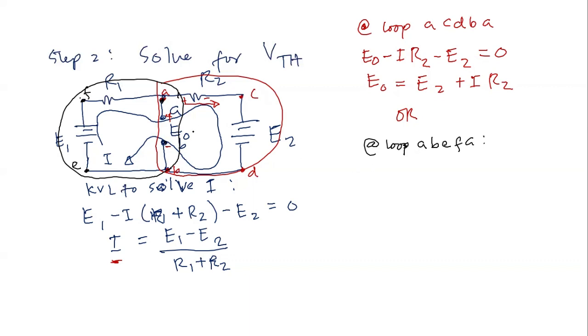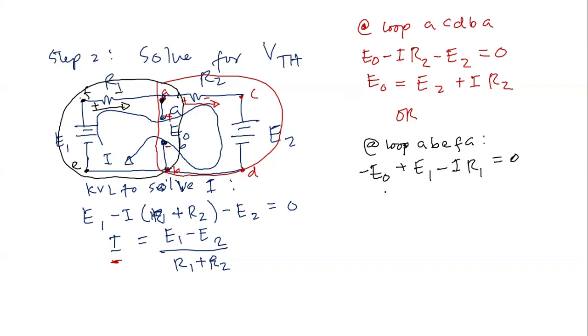So let's write and begin at the AB. Since it is clockwise direction and we are getting the sign of the B, you have minus EO plus E1 minus I times R1 equals 0. Since the current is flowing in this direction and we have here plus and minus of the R1.